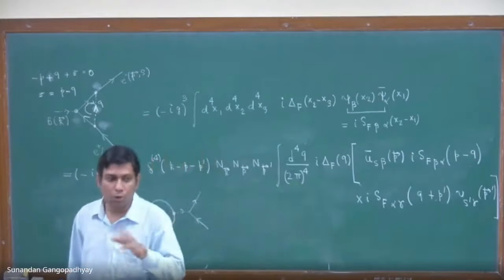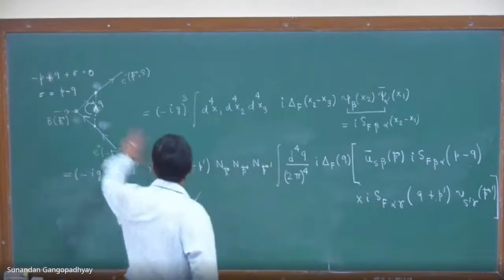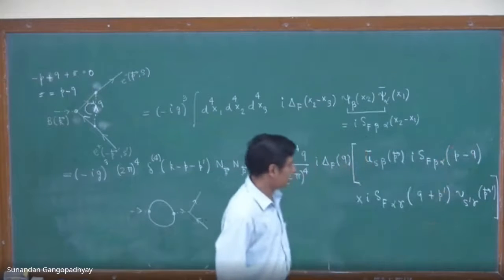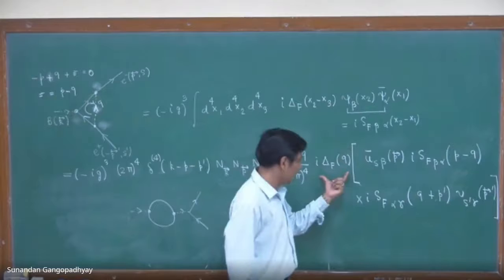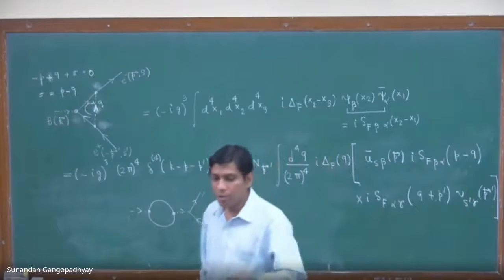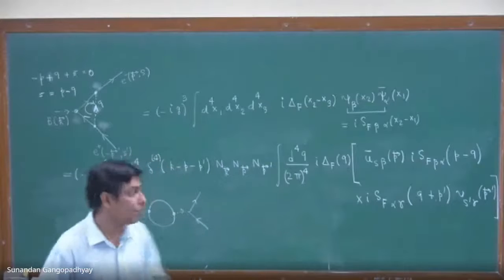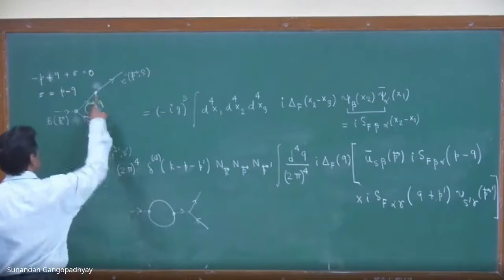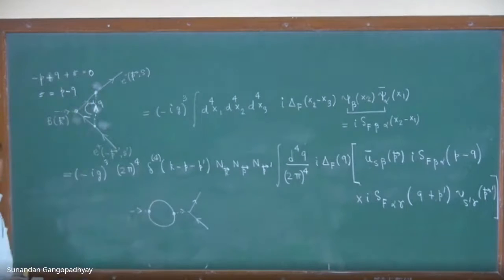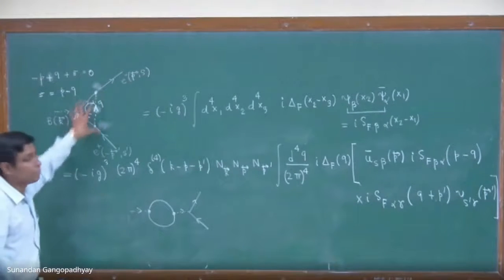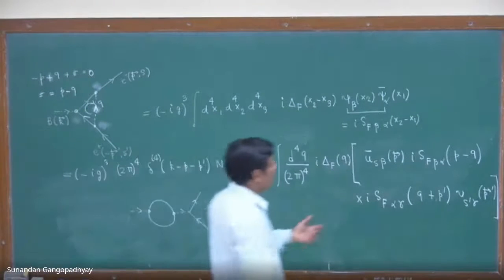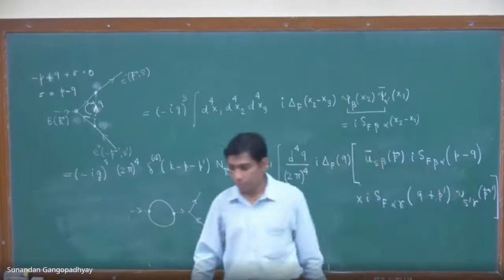And then you put all the internal lines inside the loop. These will be nothing but propagators. So there is one scalar field propagator and two fermionic field propagators, and you have to fix the arguments of those fermionic propagators by looking at the conservation of momentum at each of the vertices. Once you do that, you will get the argument of these fermion propagators.